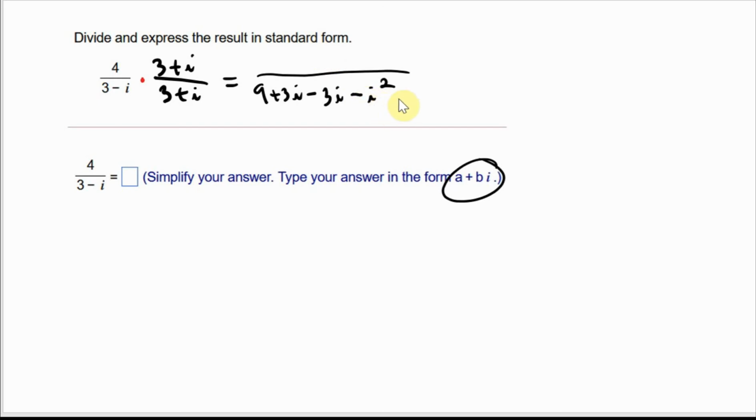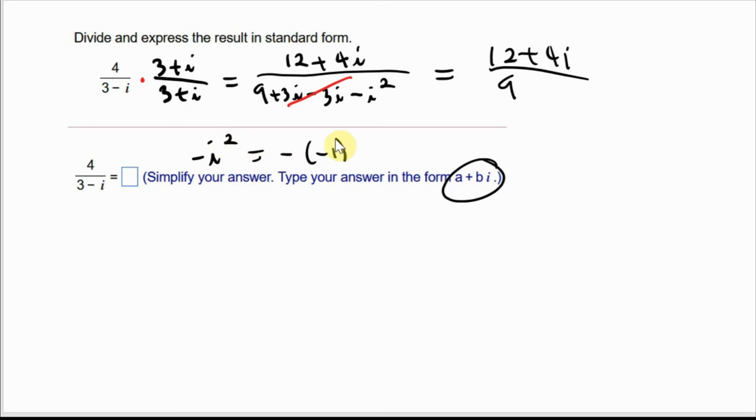Minus i squared. But anyway, let me write this. This is 12 plus 4i. We simplify that. That's 12 plus 4i over, this is 9. Now those inner terms cancel. And then this is minus i squared, which is minus times the negative 1. Remember the i squared is negative 1. So that's just positive 1. So we just get 1.